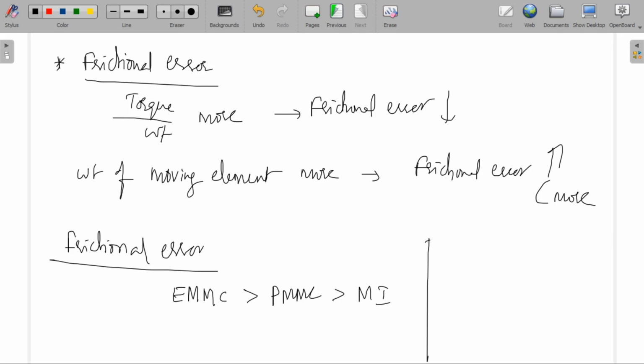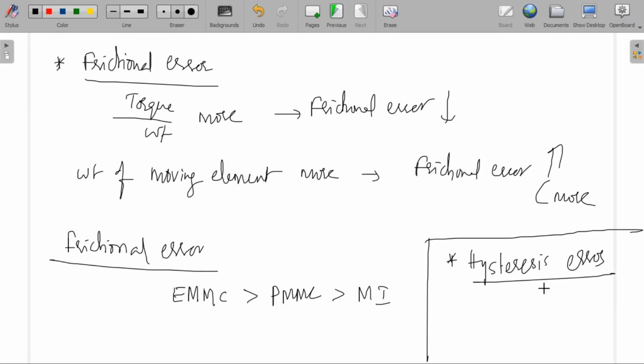Okay, coming to the next error, hysteresis error. This error is almost zero. Why? It is zero because here in this instrument we use air core.